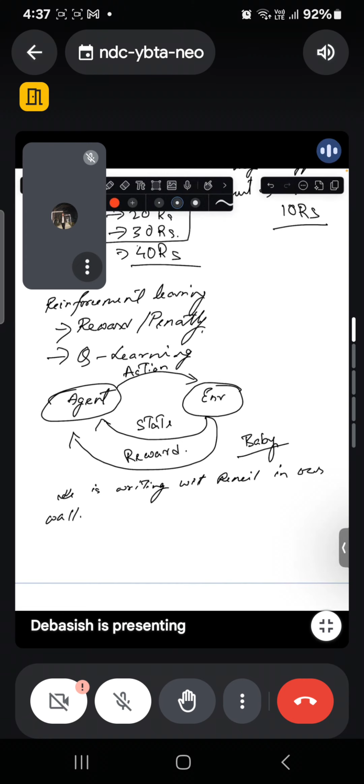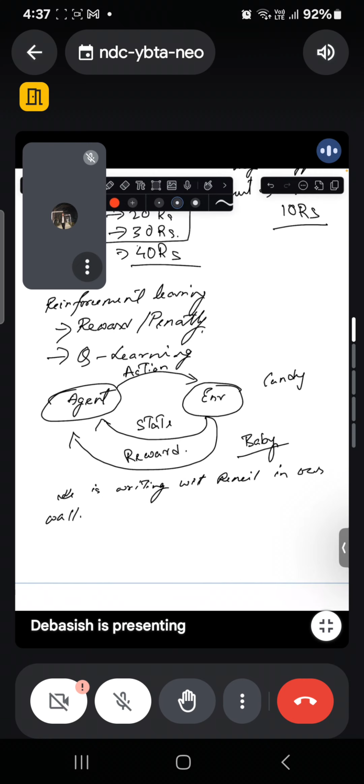Because they are small, they don't know where to write or draw. But we show them that if you don't write on the wall, then we'll give them some reward, meaning candy.